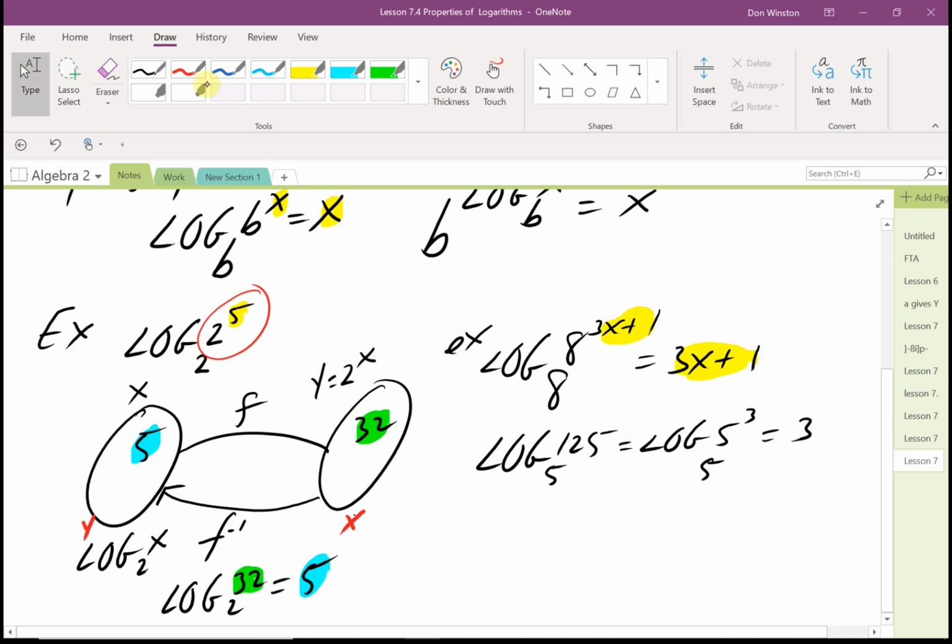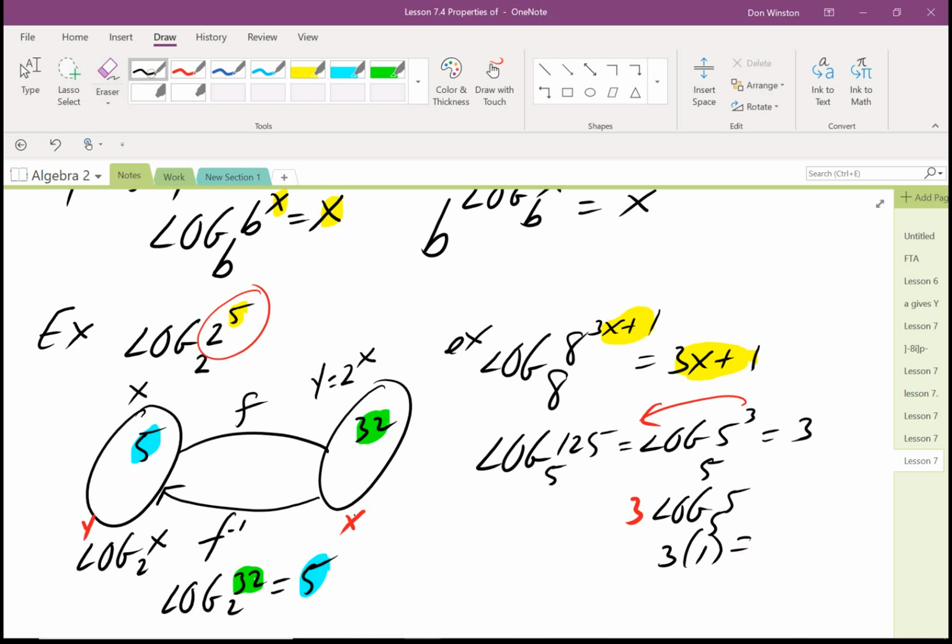Now, if you remember from the lesson previously, I could have just as well brought down the 3, and that would have been 3 times log base 5 of 5, which would be 3 times 1 equals 3. So you see, it all works out.